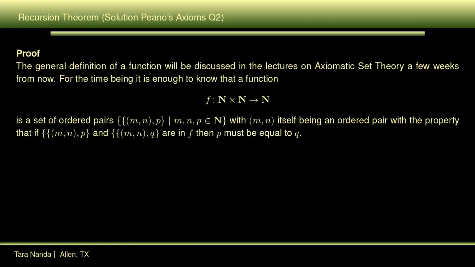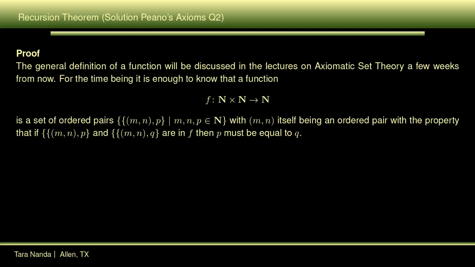Conventionally, the second element is denoted by f, brackets, first element of the pair. In the situation at hand, the first element of the ordered pair is itself an ordered pair of natural numbers. And the second element is simply a natural number.